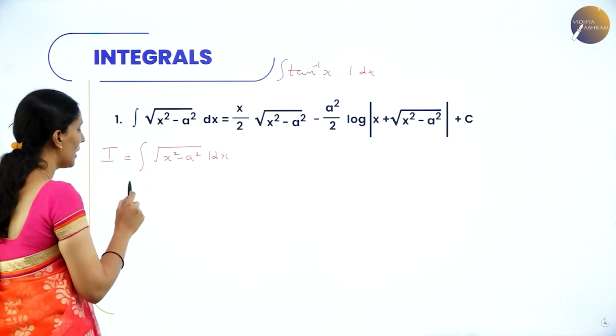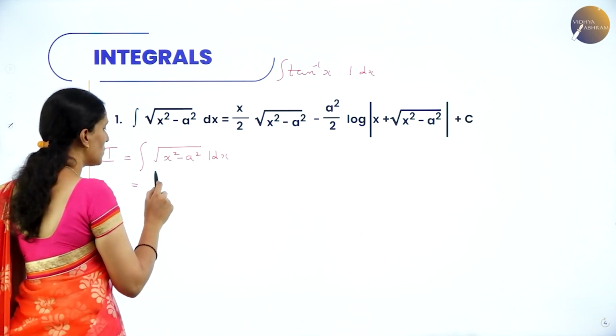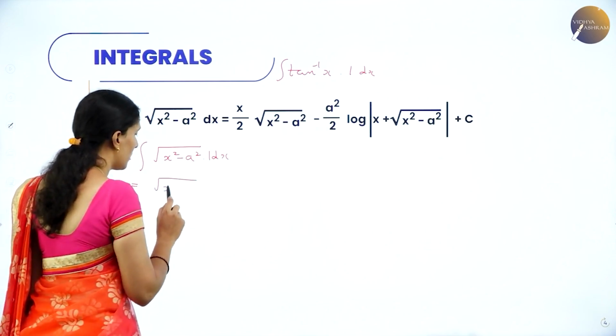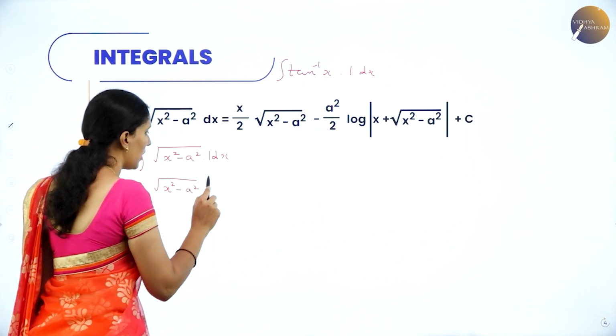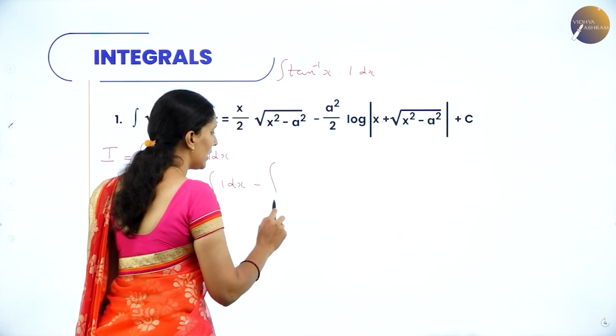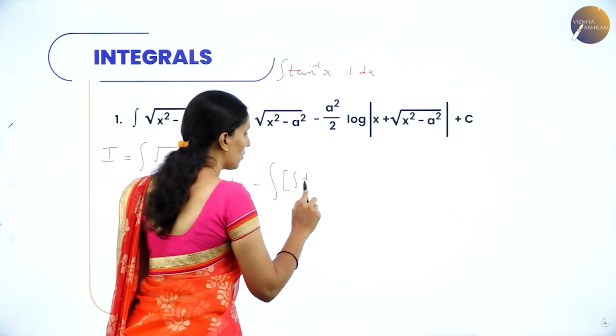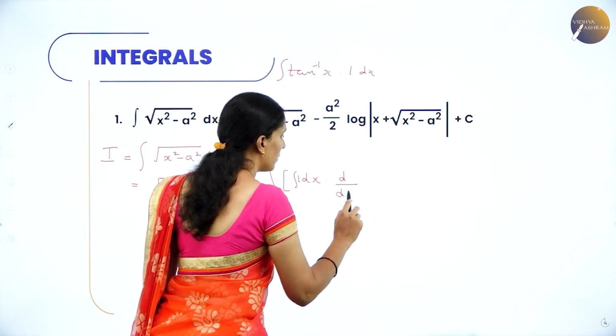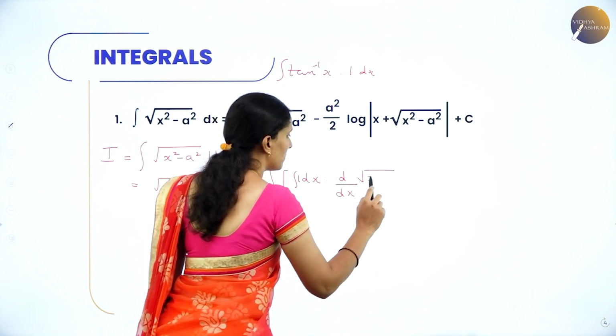Now apply the integration by parts. So what does the rule say? First function into integral of second, minus integral of second into derivative of first function.